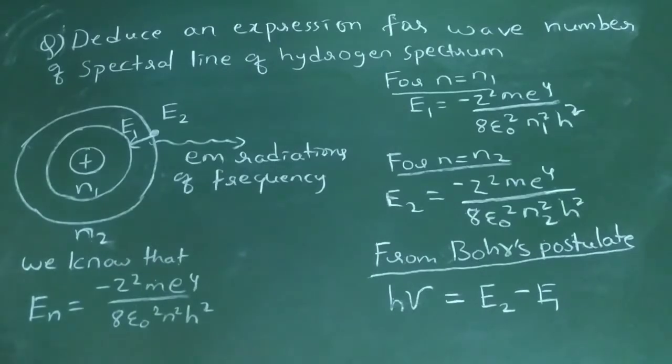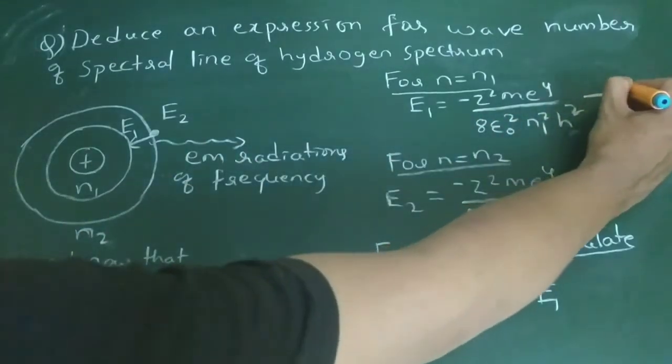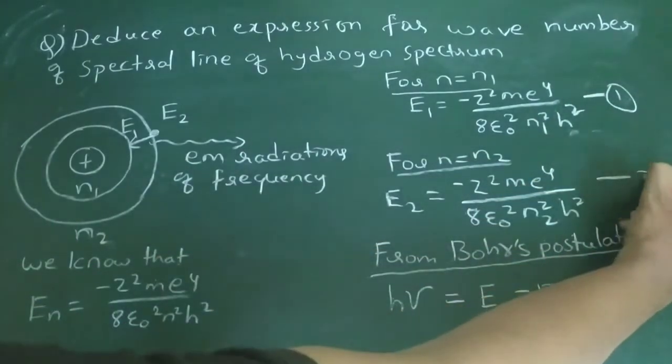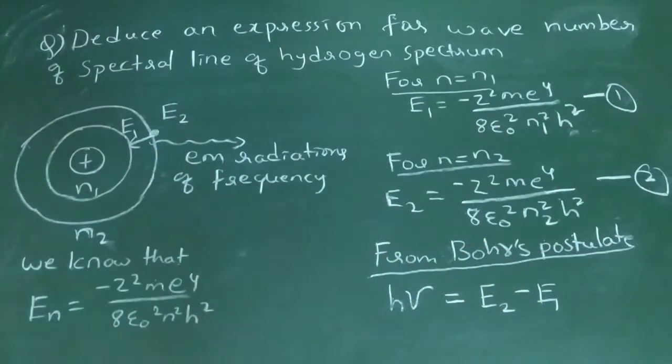Now I am going to rub here. Let us take this equation as 1 and this equation as 2. I have taken this equation as 1, this equation as 2.